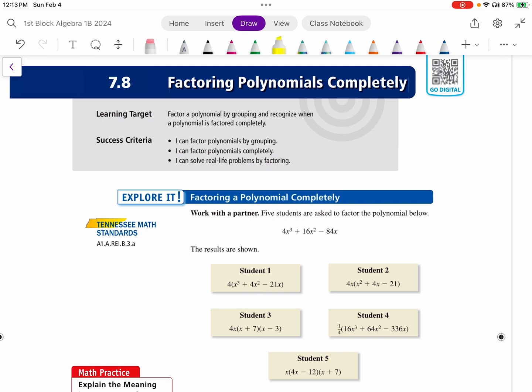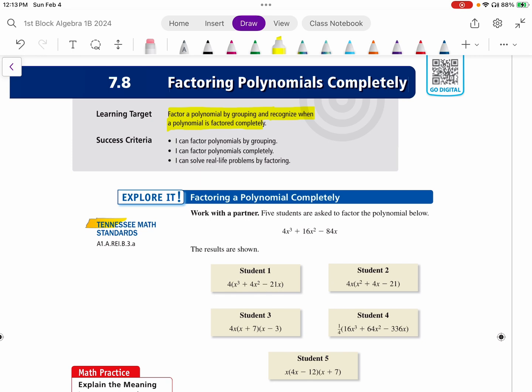So our learning target for today and tomorrow, a 2-day lesson: factor a polynomial by grouping and recognize when a polynomial is factored completely. So we're actually going to use a different system from our X box on this, and that's because many of the polynomials that we'll be factoring will start with more than 3 terms, and X box really only works for 3 terms.